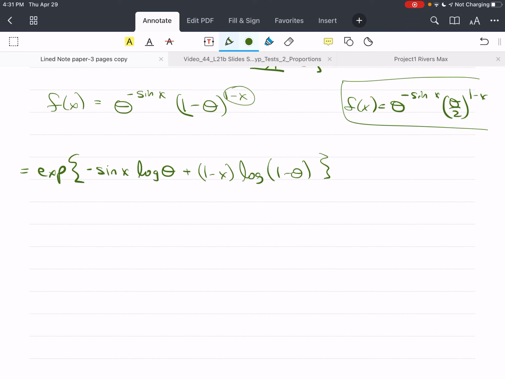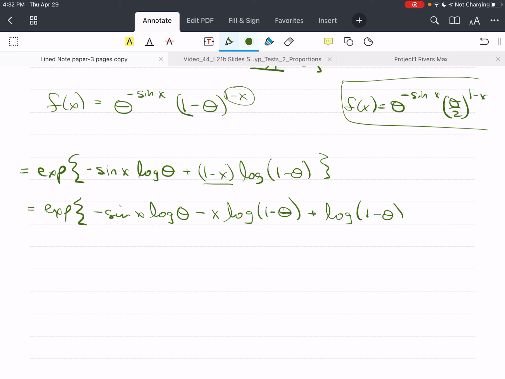Now, I need to expand quickly. Negative sine x log theta plus or minus x log 1 minus theta, let's see, plus log 1 minus theta.